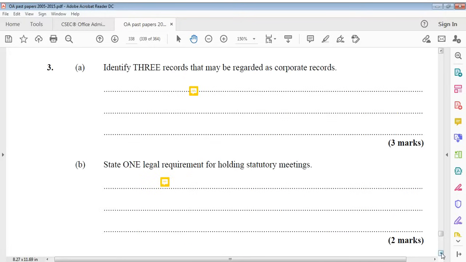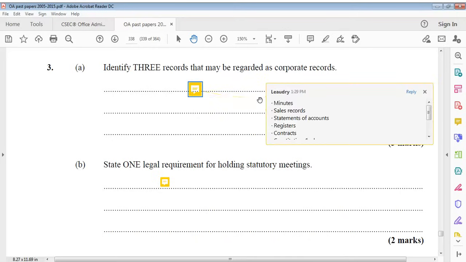Let's move on to question number 3A. Identify 3 records that may be regarded as corporate records. So we're going to identify 3 records. What are those?